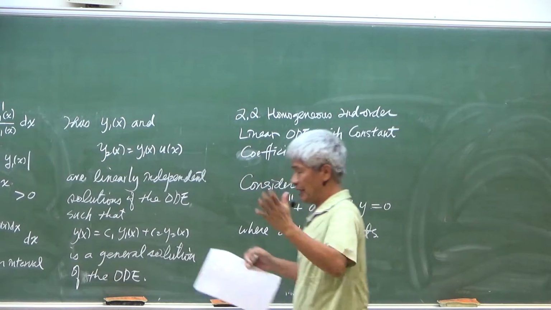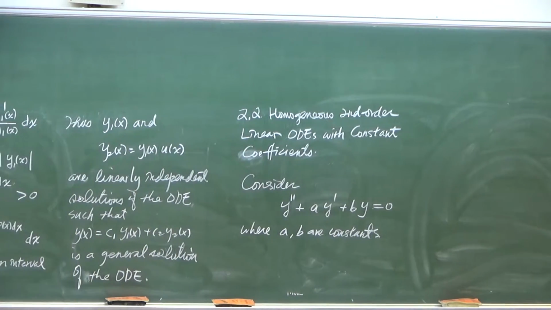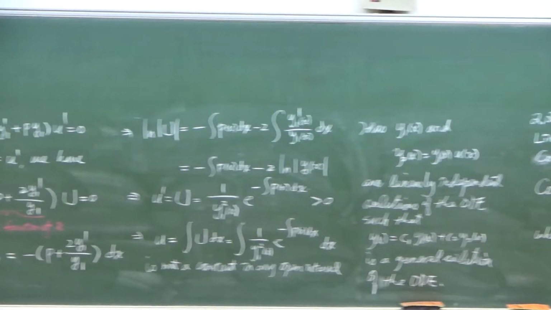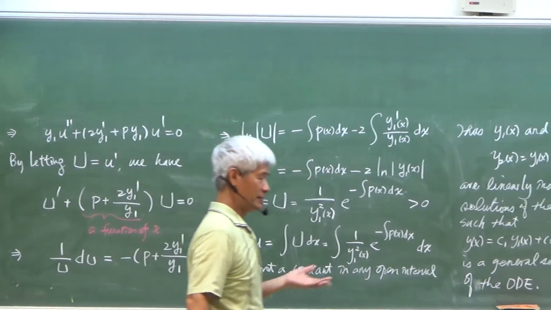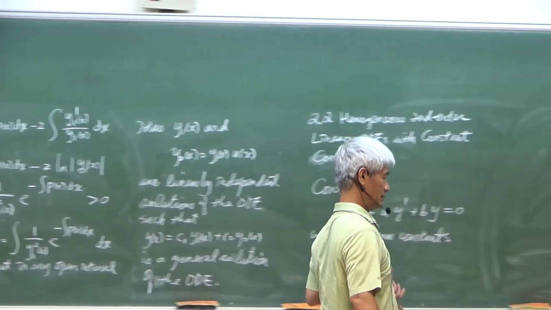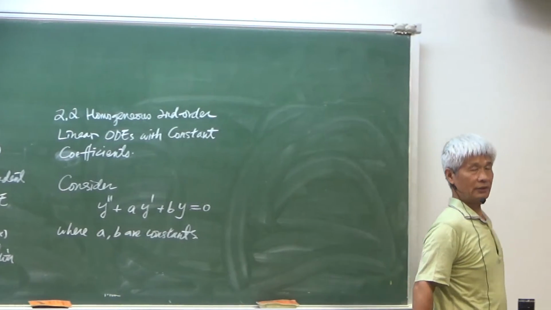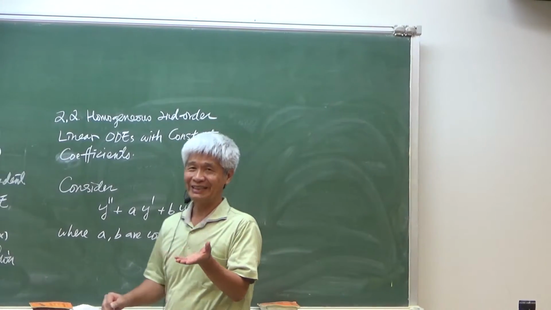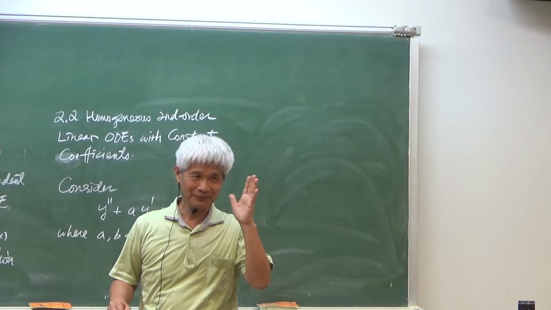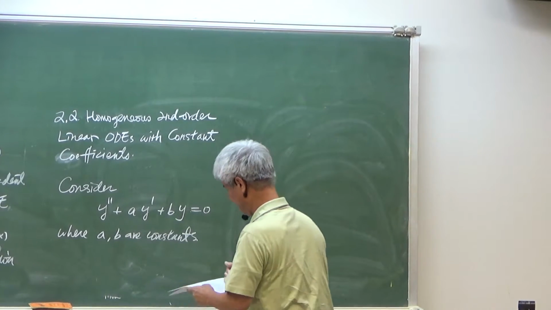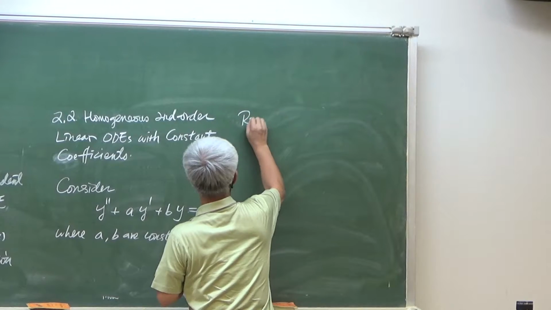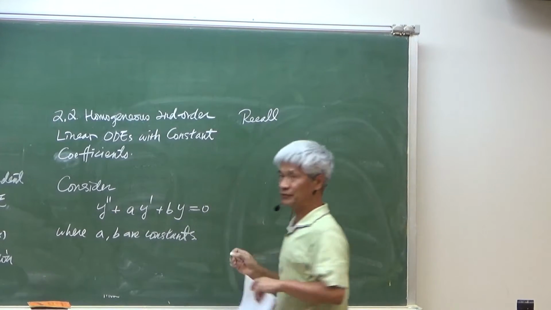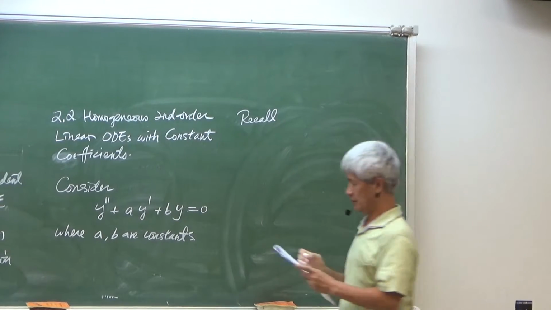So anyway, if we want to use the method of reduction of order, you have to find a solution. So somehow you have to guess some sort of solution. Maybe we can learn from our previous experience.